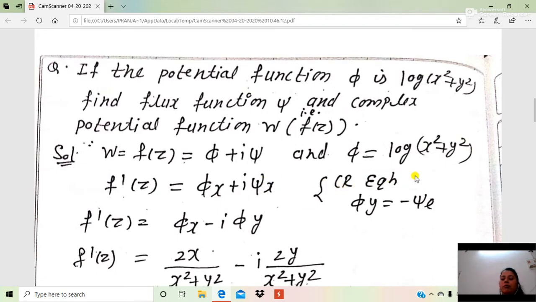By the CR equation number two, del phi by del y is equal to minus del psi by del x. Therefore this del psi by del x can be written as minus del phi by del y. Therefore we have f dash z equal to del phi by del x minus i del phi by del y, or we can say it as phi x minus i phi y.